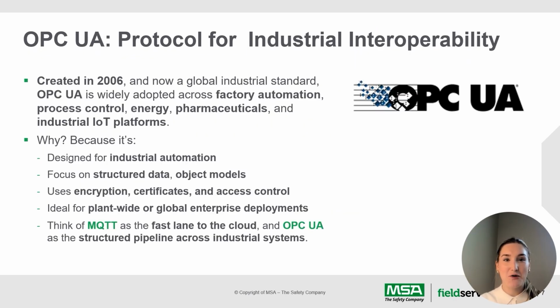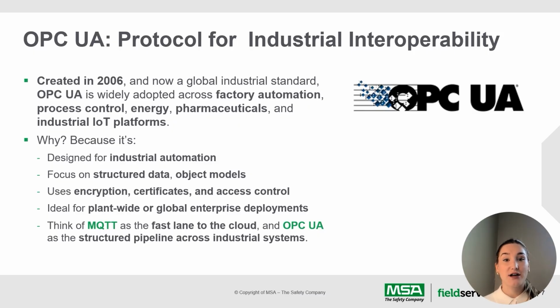Now, let's take a moment to talk about OPC UA, one of the foundational technologies driving modern industrial connectivity. OPC UA, short for Open Platform Communications Unified Architecture, was introduced in 2006.